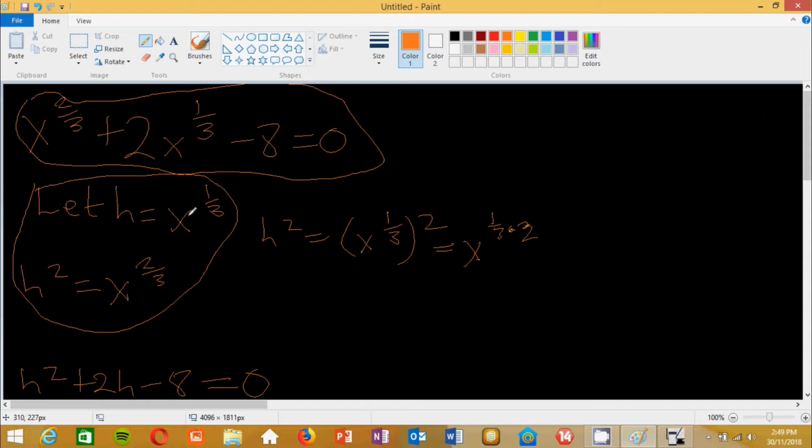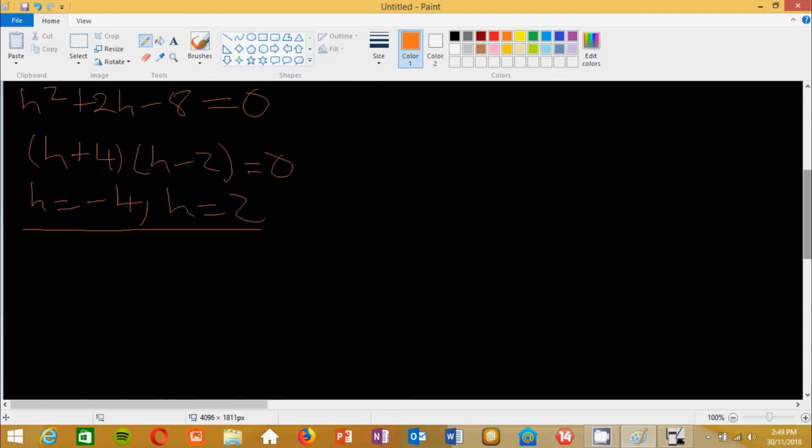Because I said let h equal x to the power 1 over 3, if h is -4, then -4 is equal to x to the power 1 over 3. If h is equal to 2, then 2 is equal to x to the power 1 over 3. Then I want to solve for x.